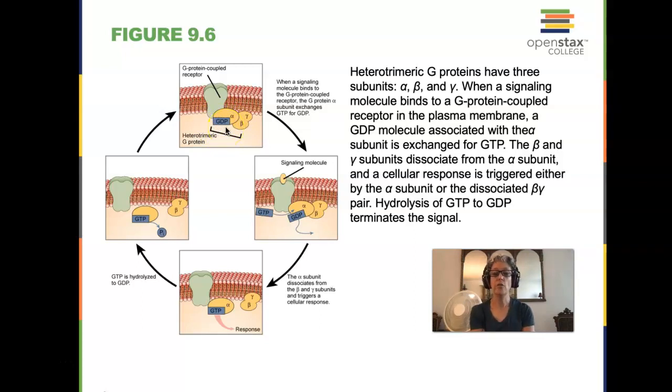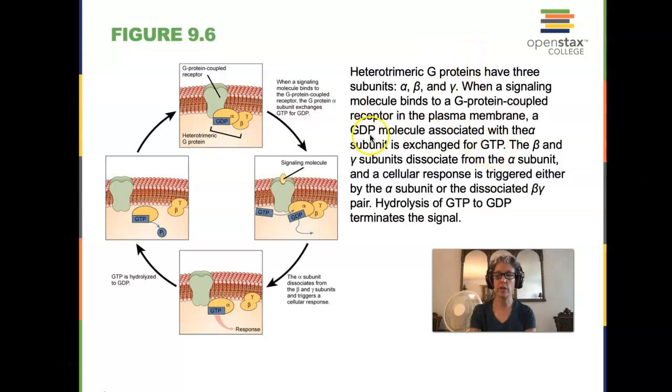That stands for guanosine diphosphate. It is energetically related to adenosine diphosphate. In our metabolism, we look at phosphate being added to ADP to make ATP. Here, we're going to see a phosphate added to GDP to make GTP.